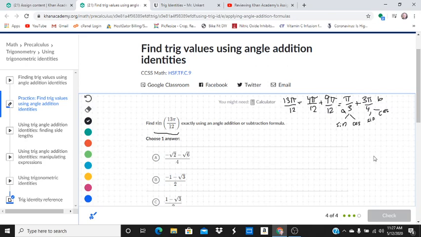Okay, so pi thirds, let's draw out a triangle. Pi thirds is 60 degrees, and so this is 30. Now with the 30, 60, 90 triangle, the side opposite 30 degrees, if that's 1 unit, the side opposite 60 degrees will be square root of 3 units, and your hypotenuse will be 2 units.